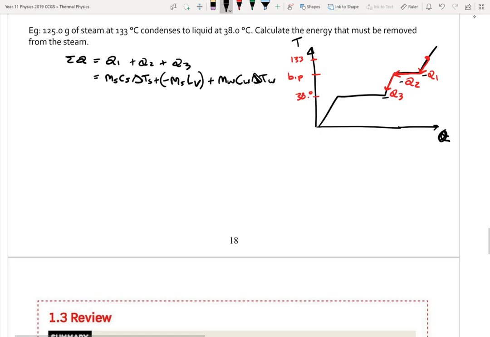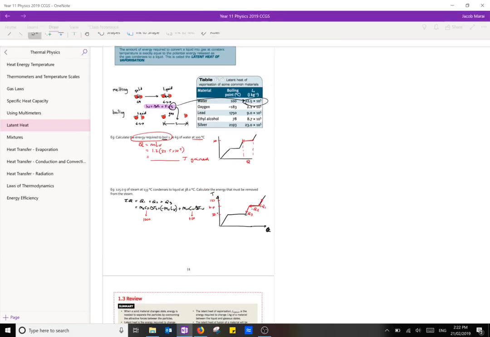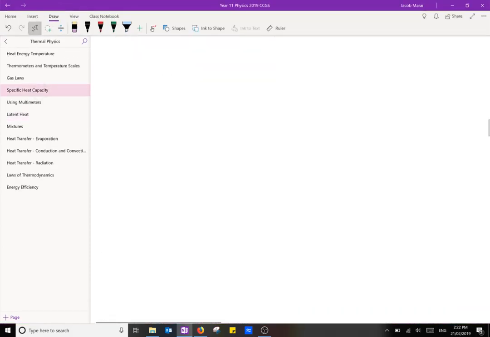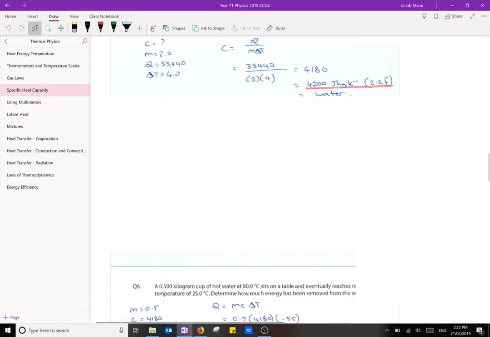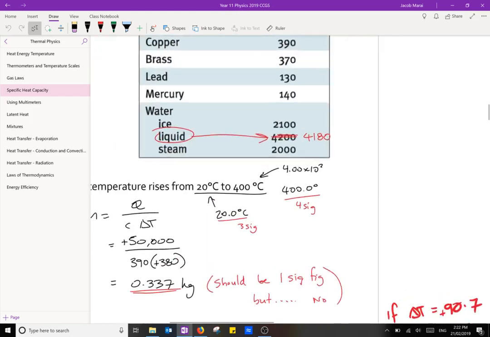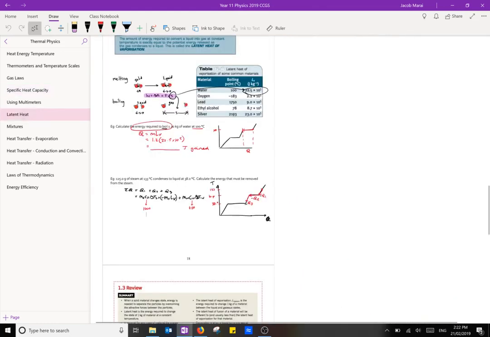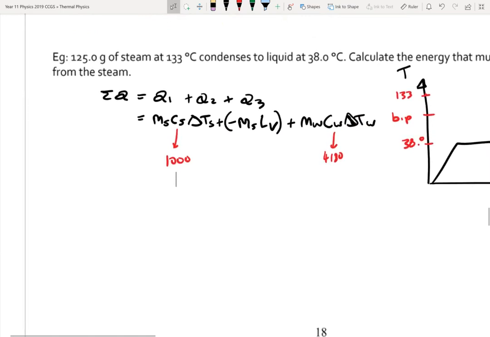Remember, that's 4180 for water. The one for steam is different. I believe it to be 1,000, but I'm not quite sure, so I'm going to quickly check my specific heat capacity booklet. Steam is 2,000. Oops, I was close. So I'm going to quickly edit that.